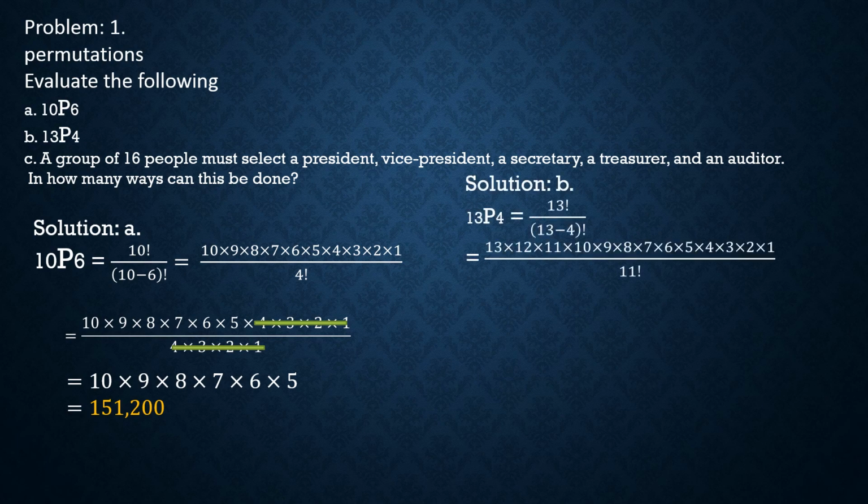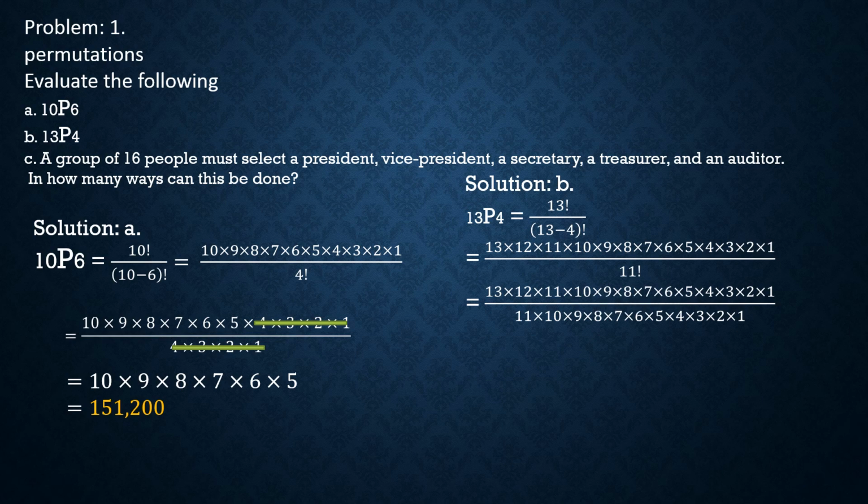Solution for letter B, permutation of 13 taken 4 at a time is equal to 13 factorial over 13 minus 4 factorial. So same concept as in letter A. We have to multiply 13 down to 1. So we have 13 times 12 times 11 and so on and so forth until 1. Then from the denominator part, we have 13 minus 4 is 9, or 9 factorial.